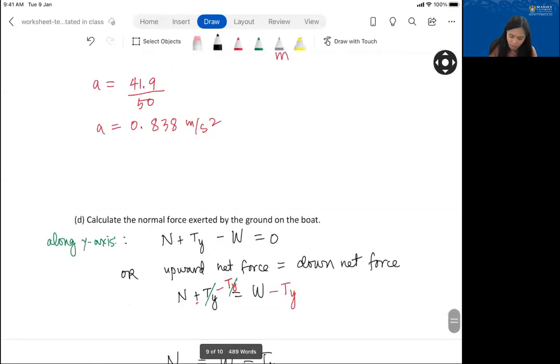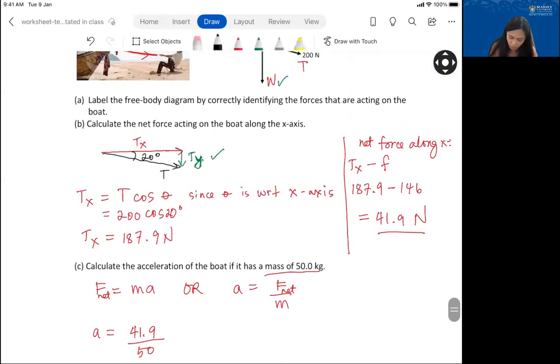We solved Tx earlier, but the y component is this vertical component opposite the angle of 20 degrees. Since the angle is measured relative to the x-axis, then to find Ty, that will be a sine theta function.